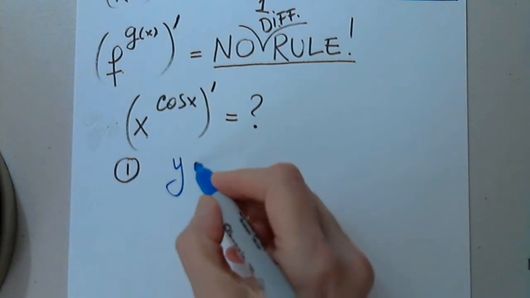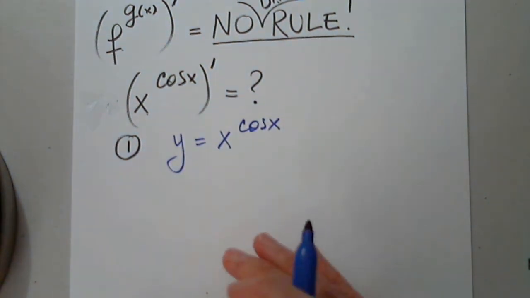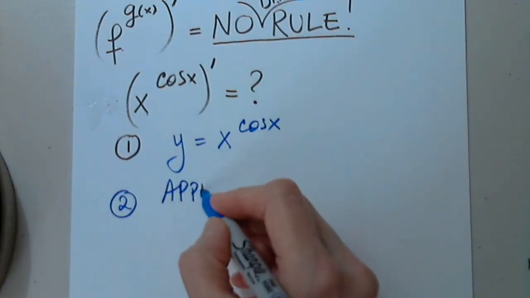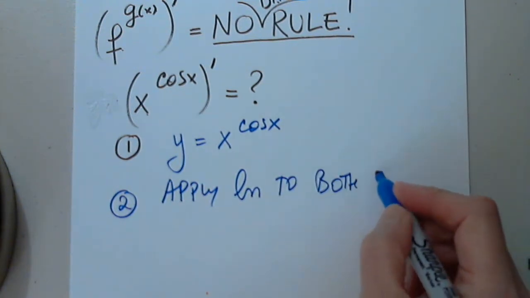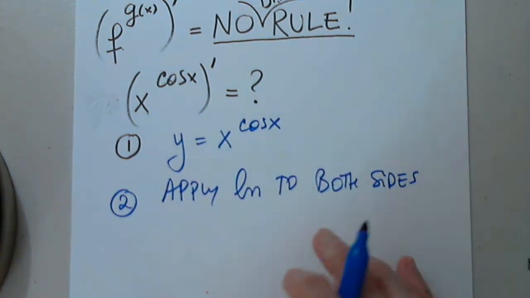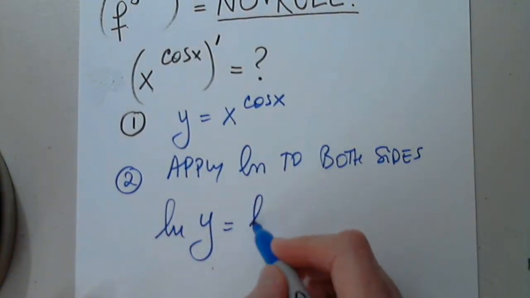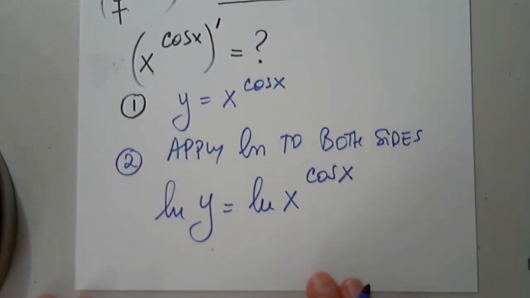So y equals x raised to cosine x is our first step, the function. In step 2, we apply natural log to both sides. So then natural log y must equal natural log x raised to cosine x.